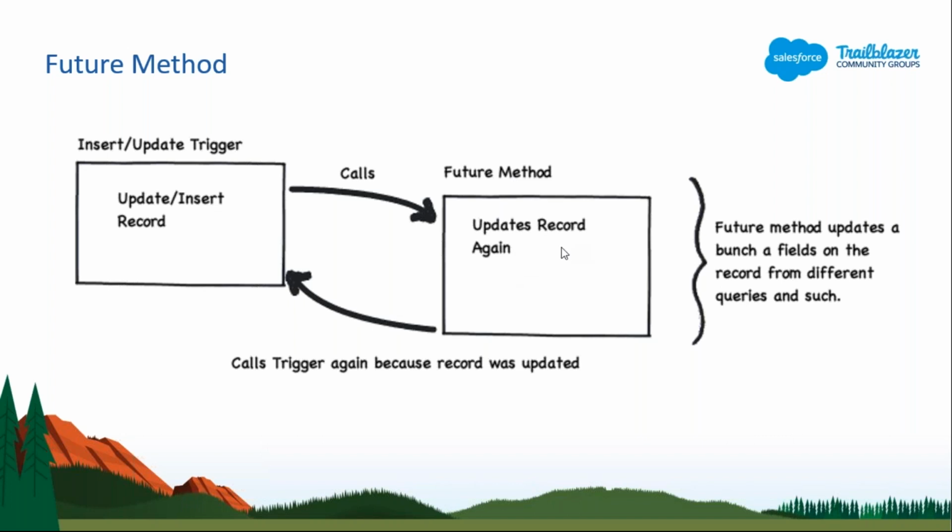If you are updating or inserting a record in the trigger and calling a class with a future method, then whenever the future method runs it will update the record again, and then the trigger will run again. That's the thing we should keep in mind whenever we write a future method with a trigger.